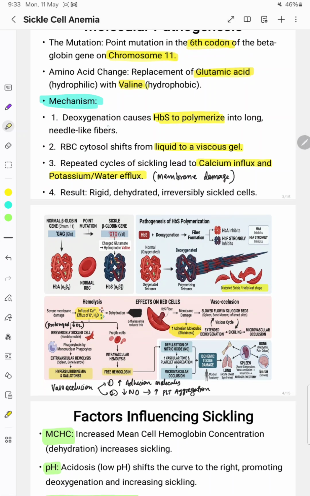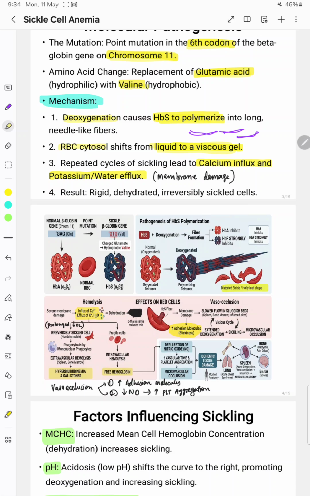Whenever these individuals are exposed to hypoxia or deoxygenation, this results in polymerization of HbS, or sickle hemoglobin, into long needle-like structures and turns the RBC cytosol from liquid to viscous gel. Liquid cytosol converts into viscous gel.